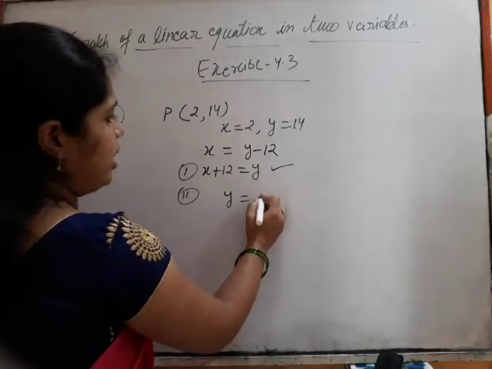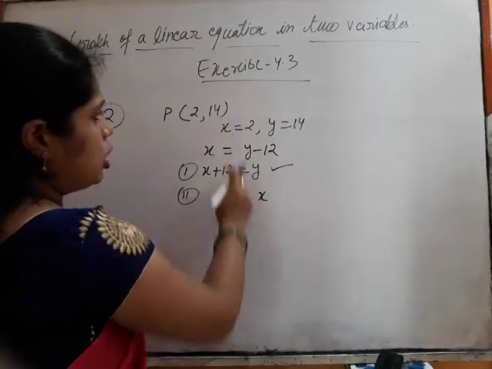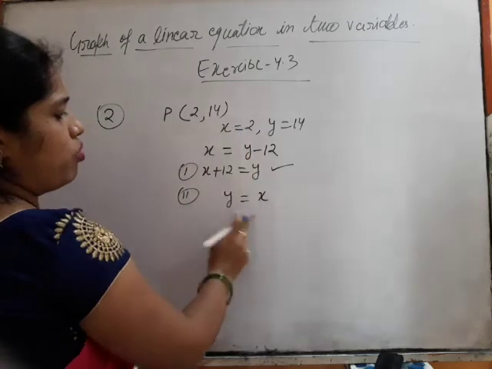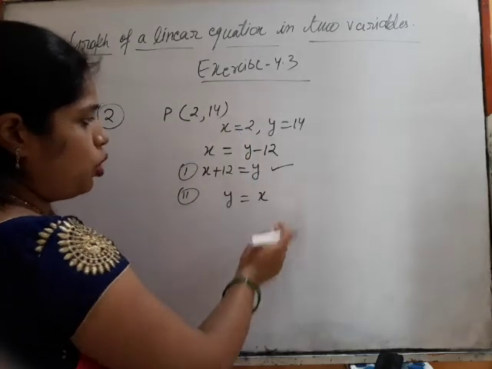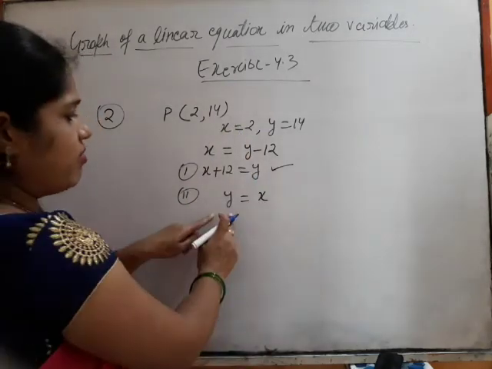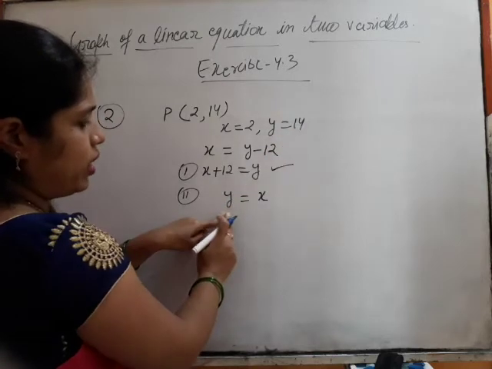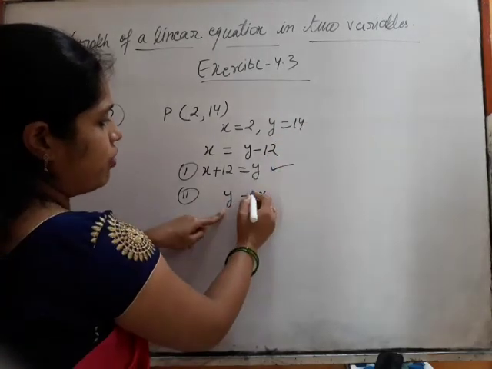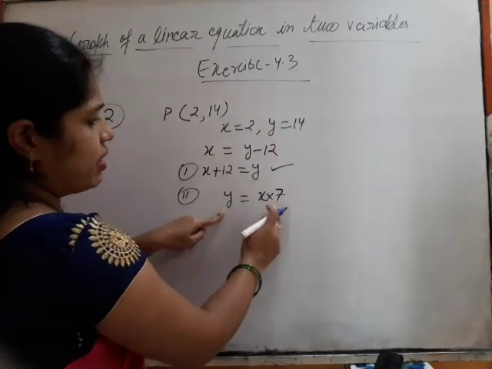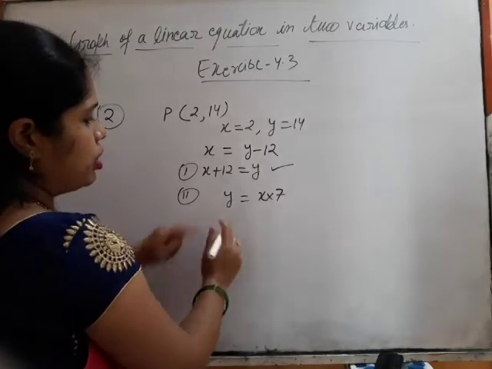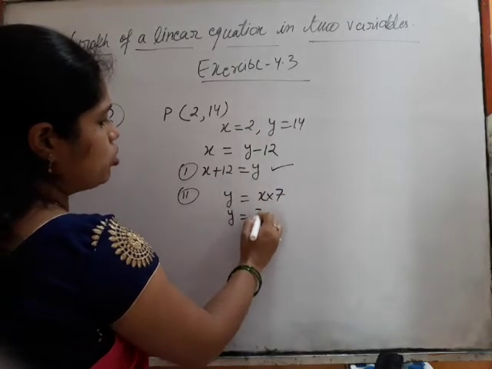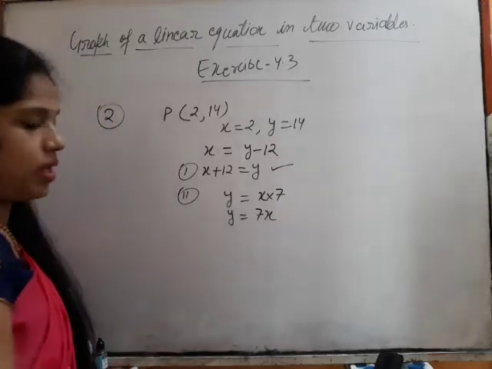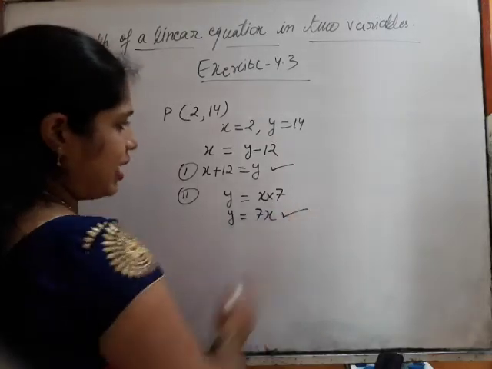So if I am writing x here, that means x value is 2. To 2, what do we multiply to get the value of y, which is 14? We have to multiply with 7. 7 2s are 14. So y equals 7x. This is the second equation.